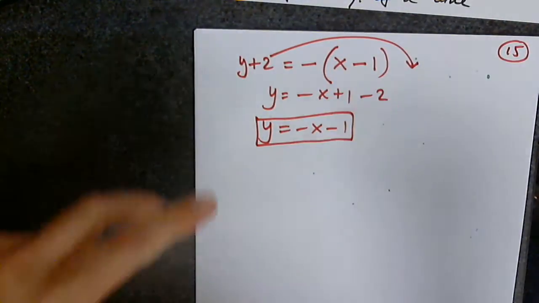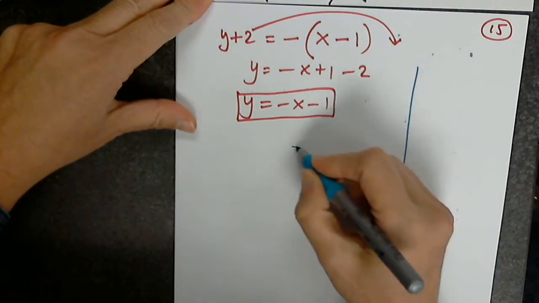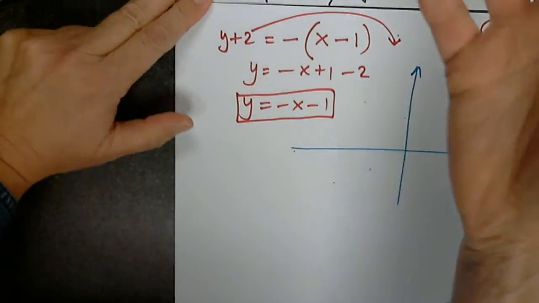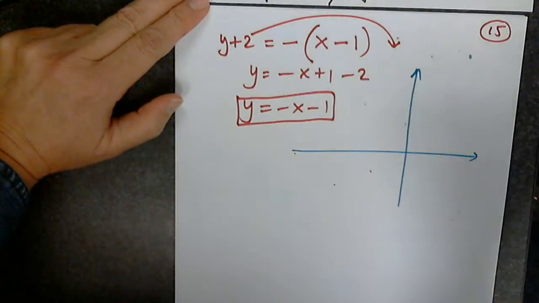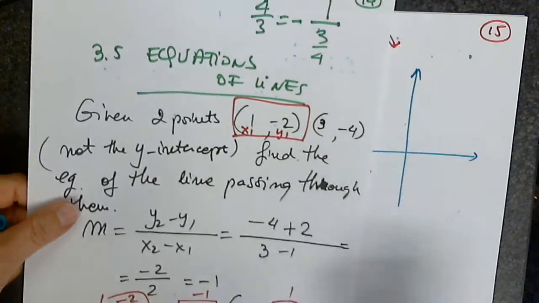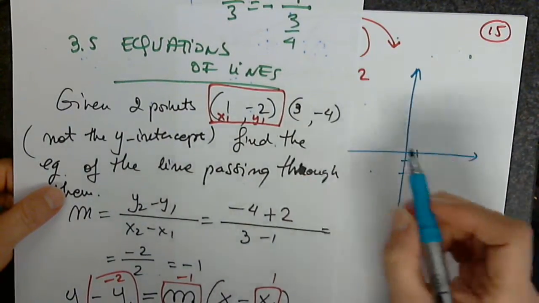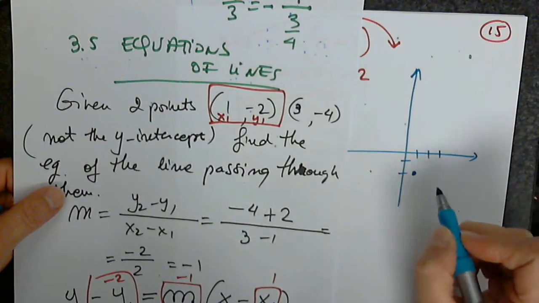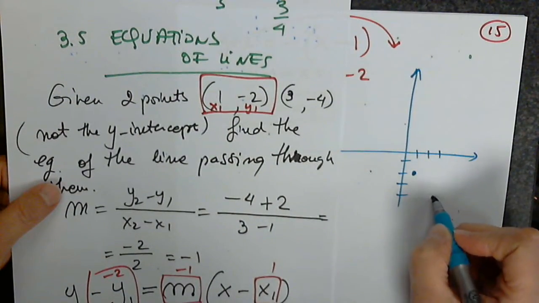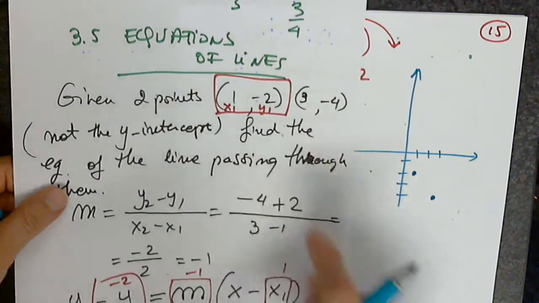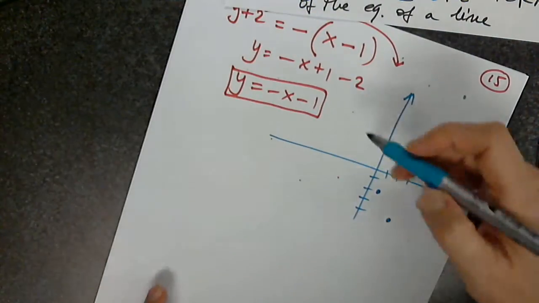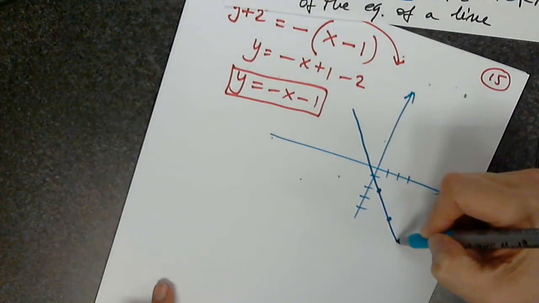Now, if I want to graph, I will plot those points. This is not what I'm asking you to do, but I just want to make a point. 1 comma negative 2 and 3 comma negative 4. I plotted these 2 points. I graphed a line.